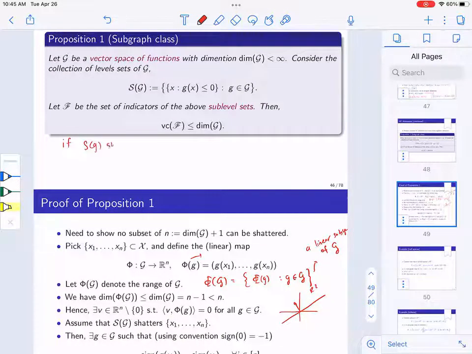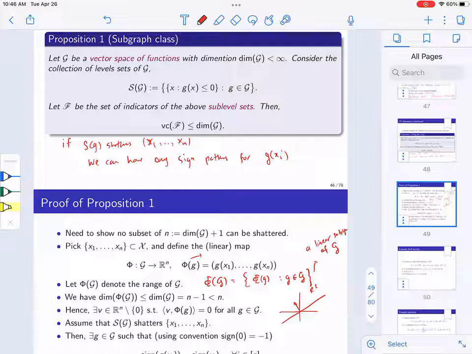Think of the indicator 1 or 0: if it's 1, it's negative; if it's 0, it's positive.